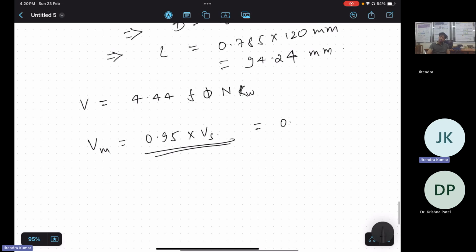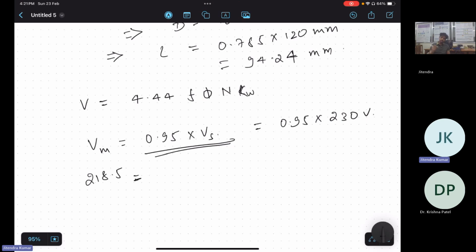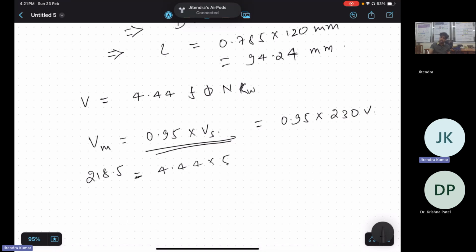So it will be 0.95 into 230, that is, the voltage is equal to 218.5, equal to 4.44 into the flux into 50 hertz.